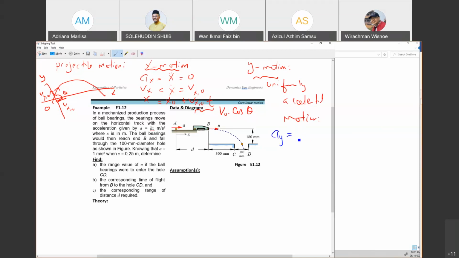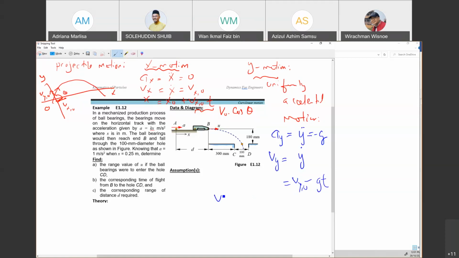What is AY? AY is Y double dot. Sebab yang ni kita lambung bola ke atas, so dia akan ada gravity kan. So equal to minus G. Minus gravity. Vy is Y dot. What is Y dot? Y dot is Vy0 minus Gt.